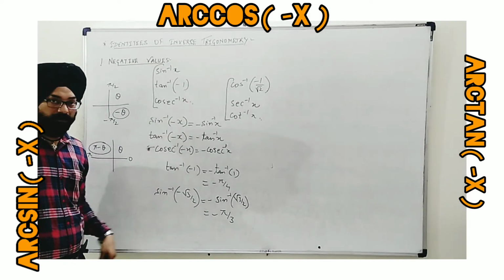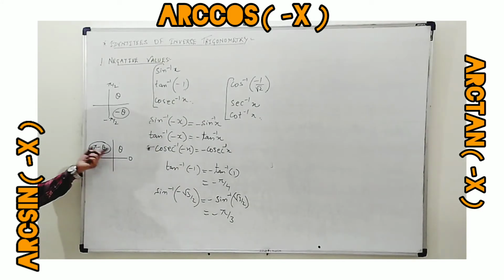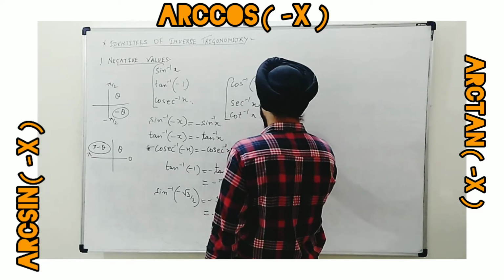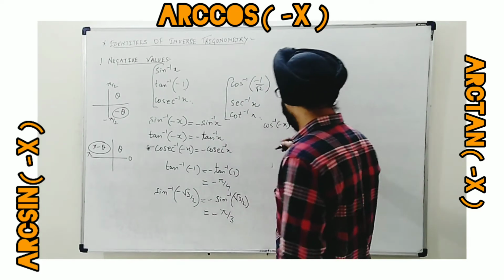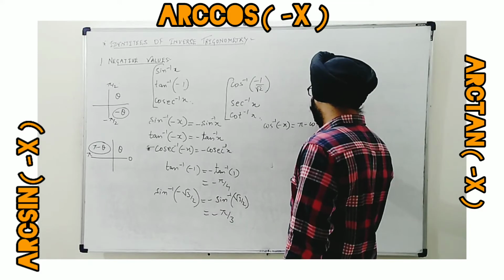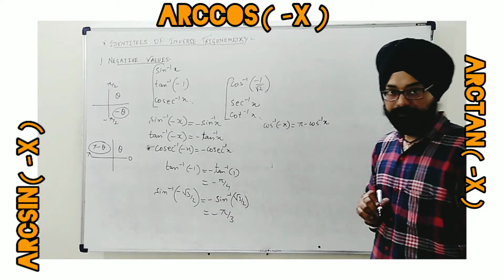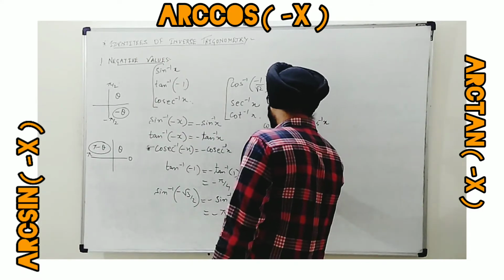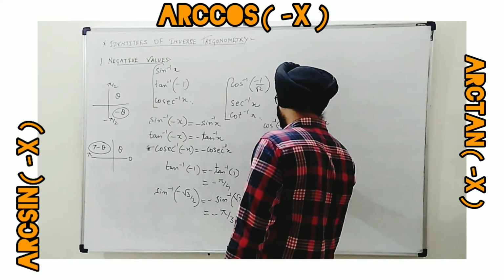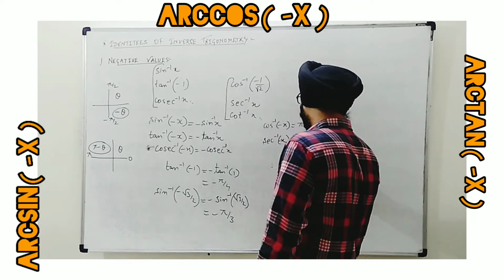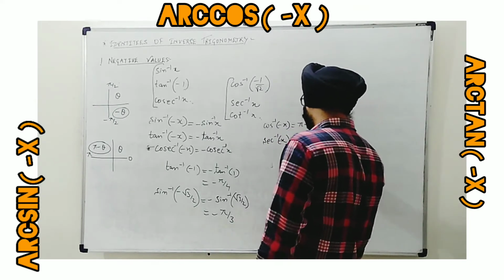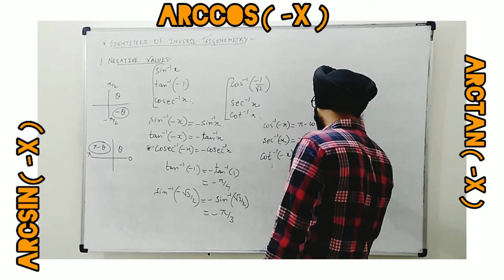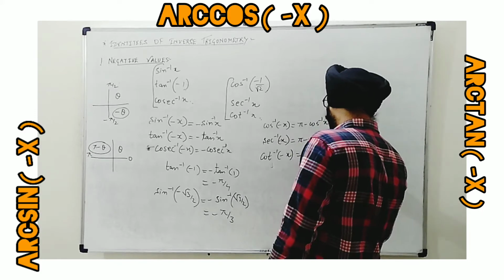But what happens when we take cos inverse? According to the theory, whenever you are given cos inverse of minus x, it is opened as pi minus cos inverse x. Sec inverse of minus x is opened as pi minus sec inverse x, and similarly cot inverse of minus x as pi minus cot inverse x.